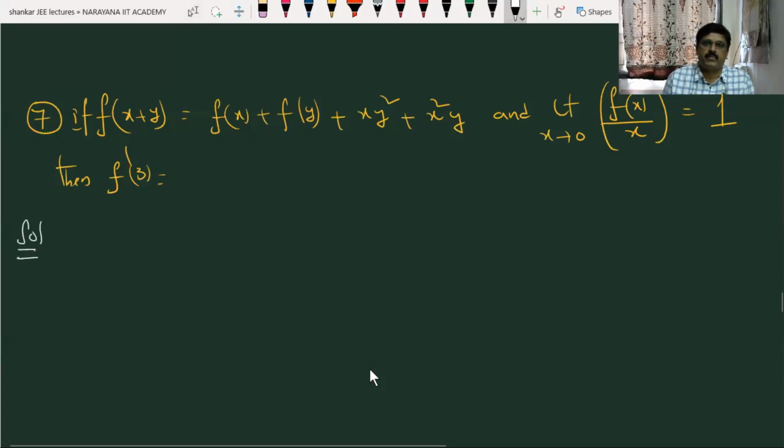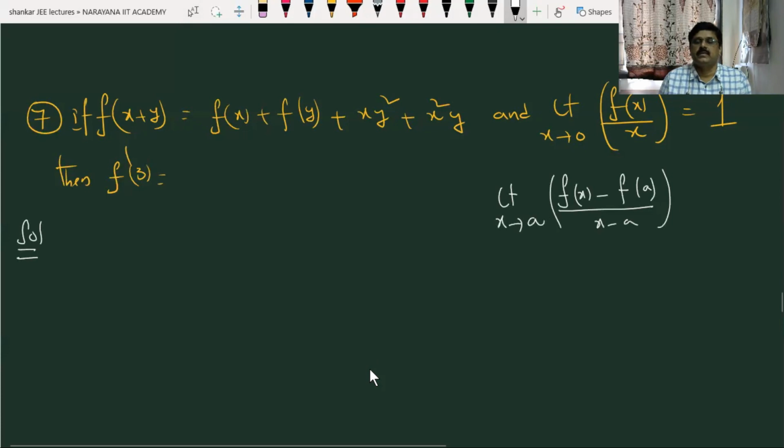So how to handle this problem, students? By the definition of derivative, limit x extends to a, f of x minus f of a upon x minus a. If this exists finitely, then it is denoted by f dash a.